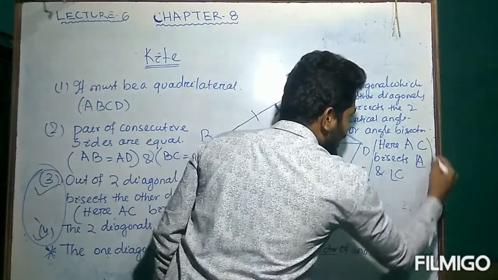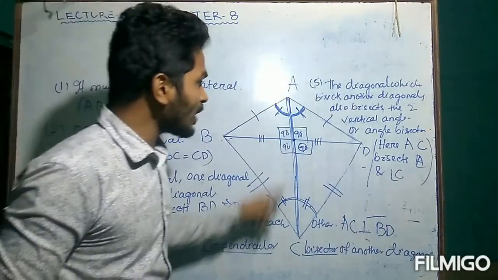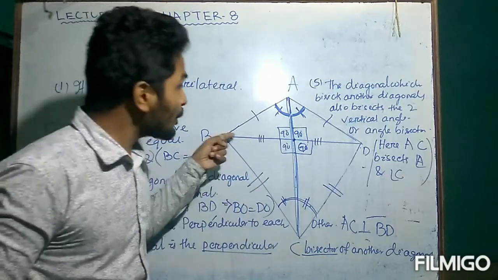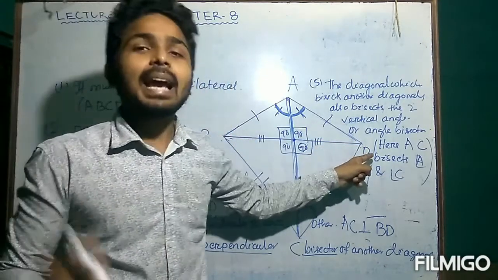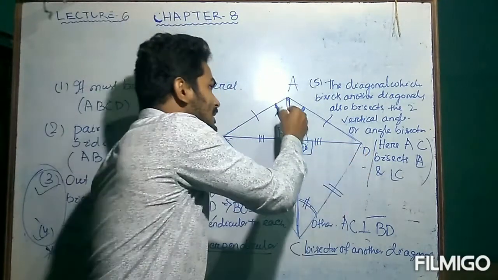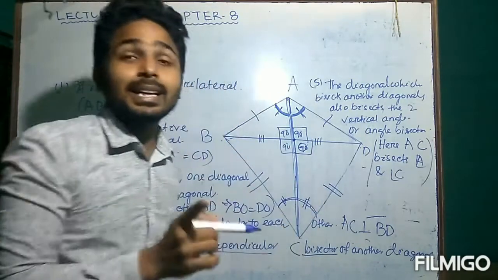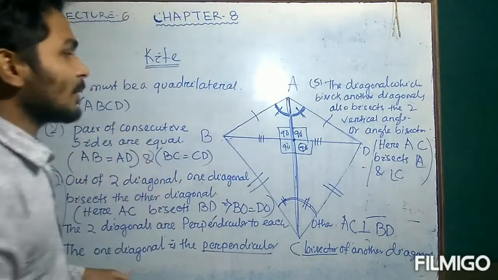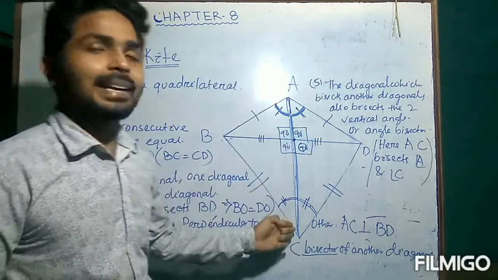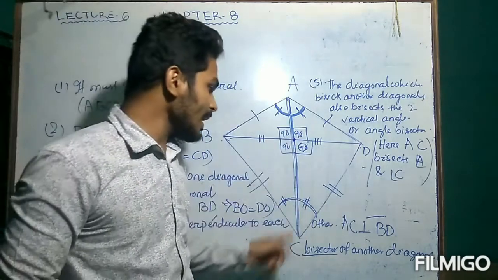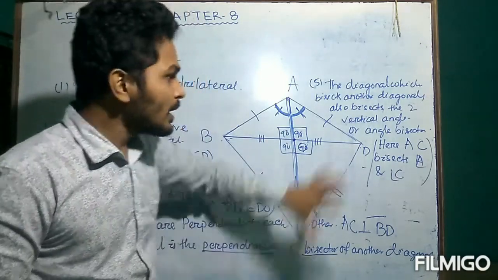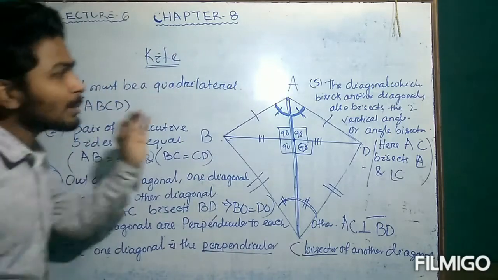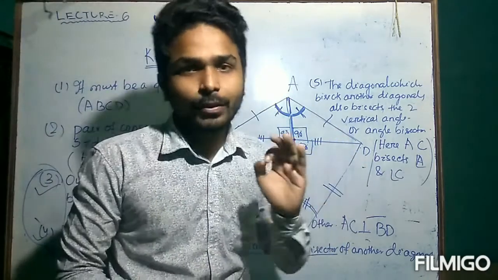Angle C. So out of the two diagonals, only one diagonal is the perpendicular bisector of BD, as well as it also bisects the two opposite vertical angles. That is why it is also known as angle bisector of angle A and angle C. Understood? So these five are the most important basic properties of a kite.